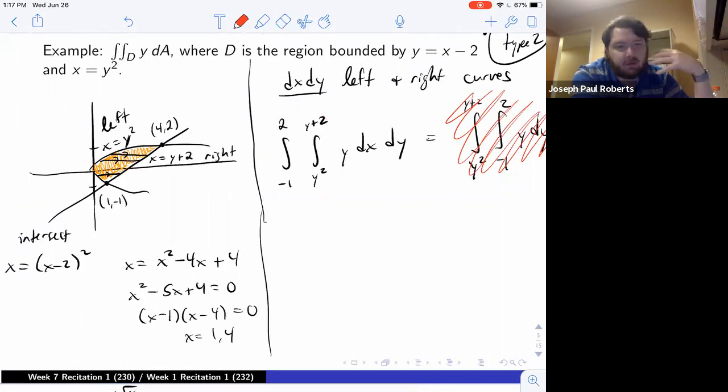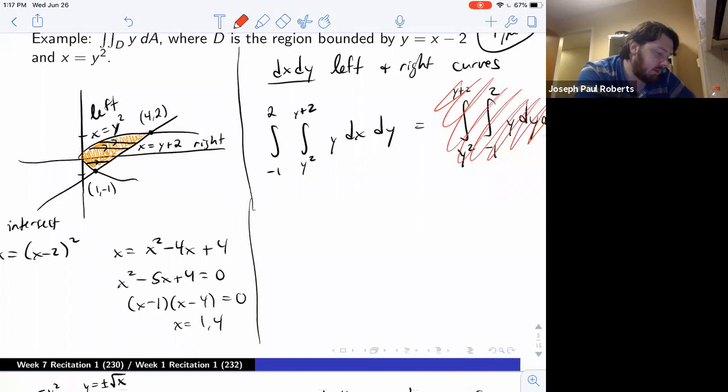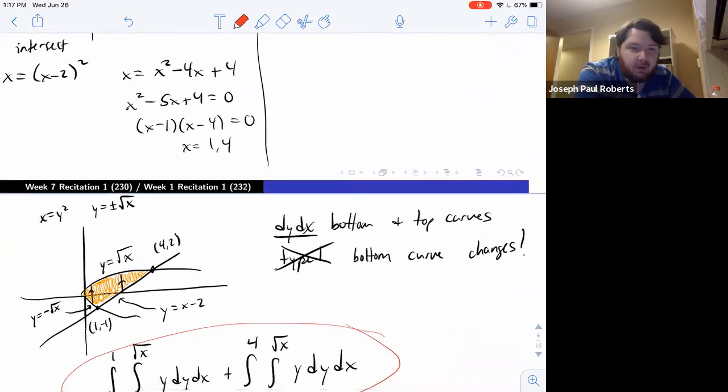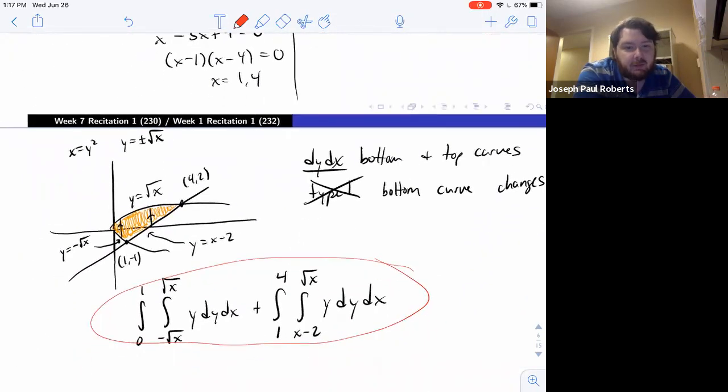Then I know some of you think you might be able to have the picture in your mind and figure it out like this, but I don't know, this is pretty tricky. I really suggest that you draw and practice drawing and practice thinking all this stuff through. Because as it turns out, this dx dy looks like it's a little bit easier. dy dx is possible. You just have to be careful because of the fact that the bottom curve changes.